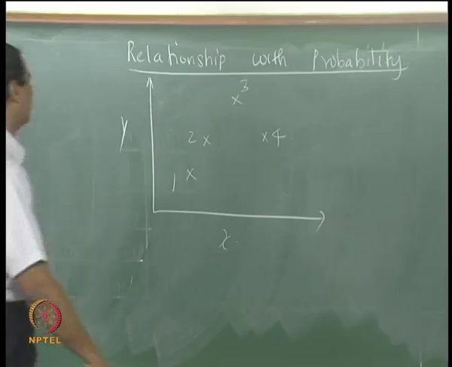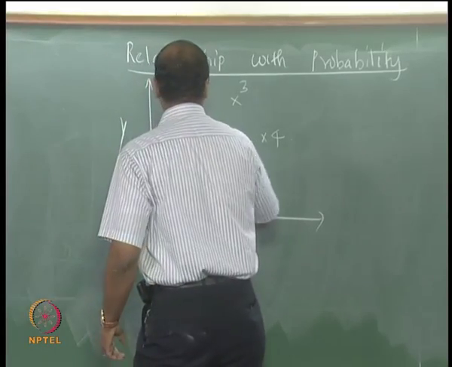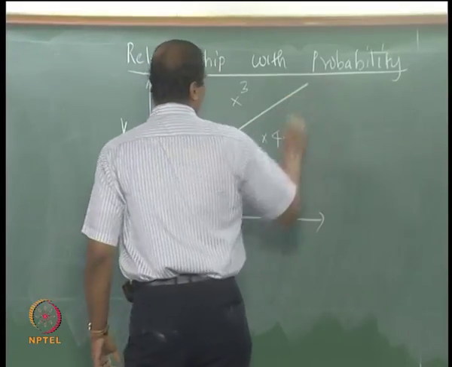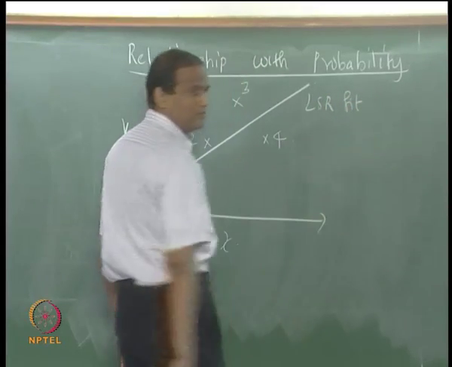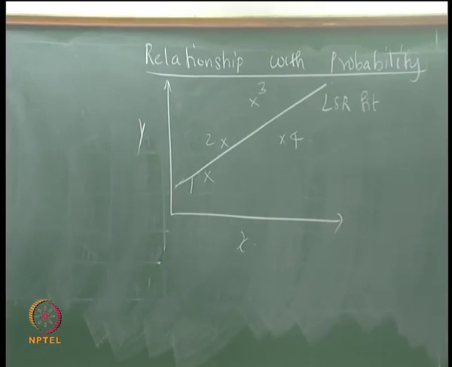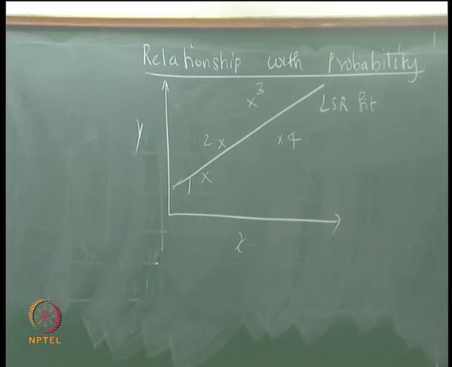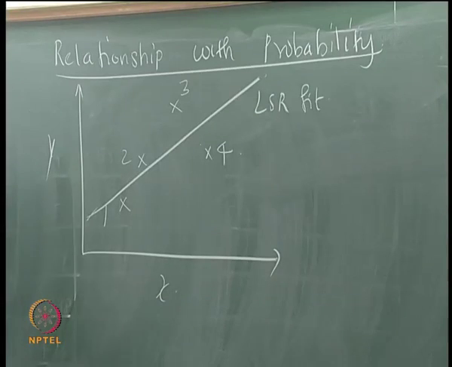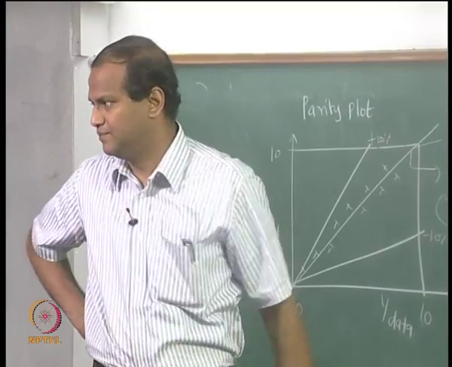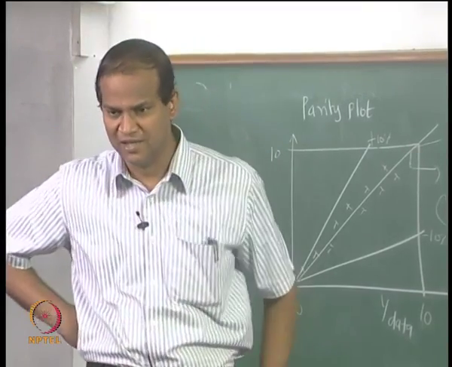We want to draw some straight line through this. So this is our LSR fit. Assuming that all the measurements are made with the same instrument, I can assume that the errors associated with the measurement follow a Gaussian with the same standard deviation sigma.